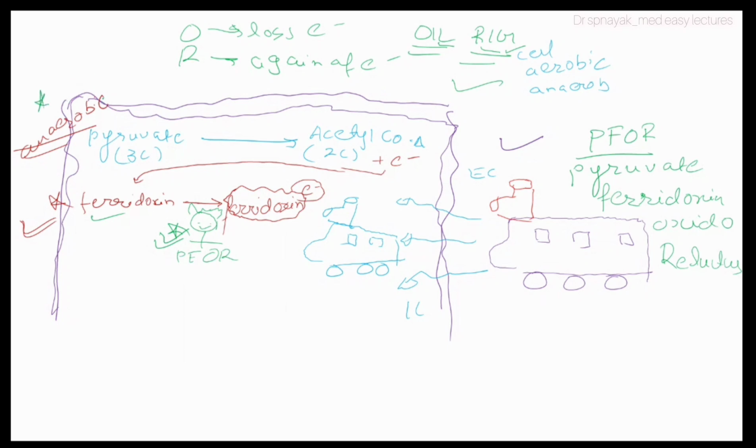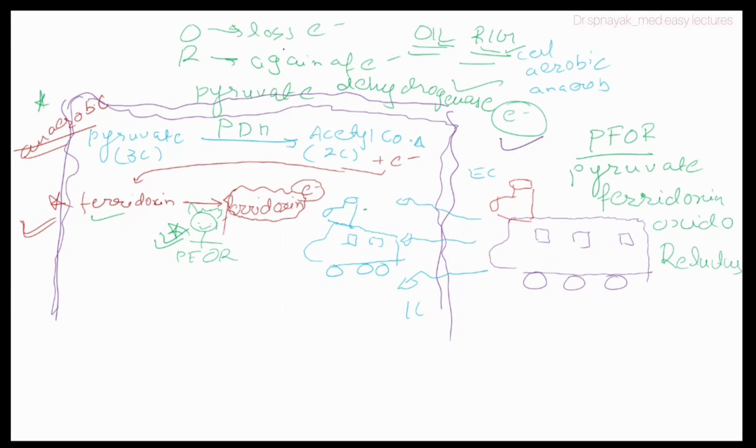Now, in our normal cellular mechanism, the conversion of pyruvate to acetyl coenzyme A is carried out by the PDH enzyme. PDH is pyruvate dehydrogenase. This enzyme catches the electron in such a way that it is not snatched by the nitro group of the metronidazole.